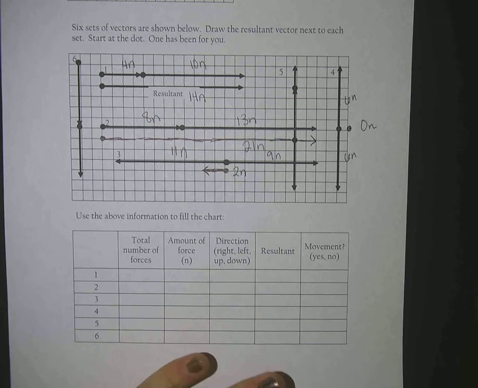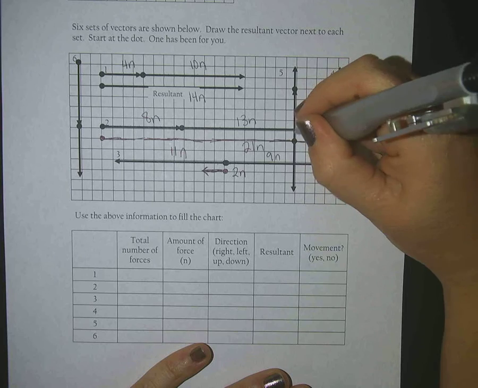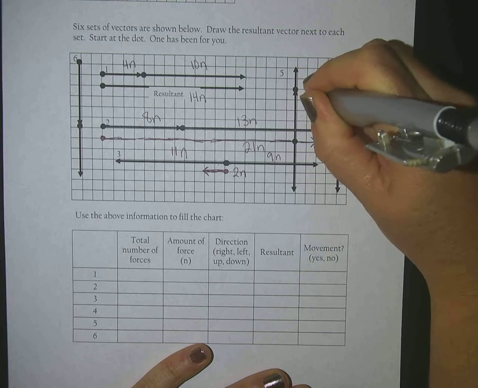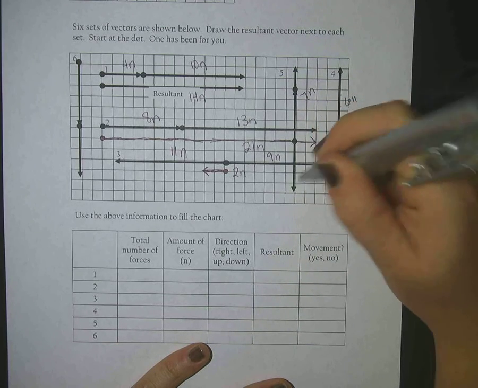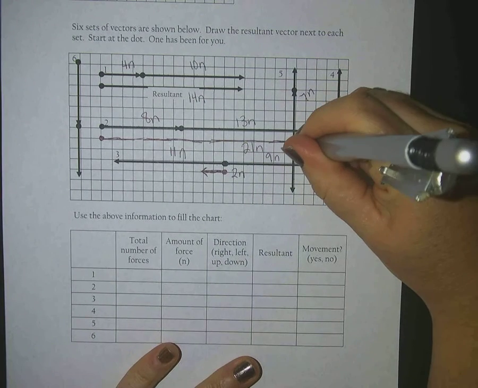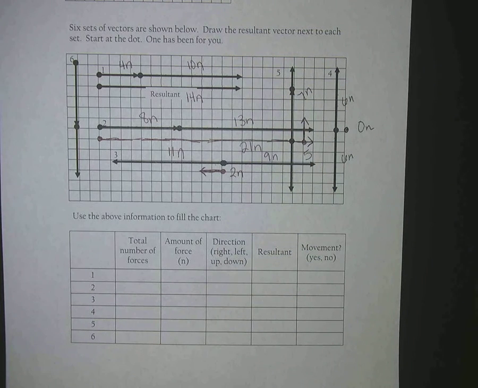Now, number 5, there's 3 arrows, but 2 of them are going the same way. So look, 5, add them together, 7. We have 7 newtons going up, and 5 newtons going down. So what's the result? 2 newtons up. So draw the dot and draw the 2 newtons going up.